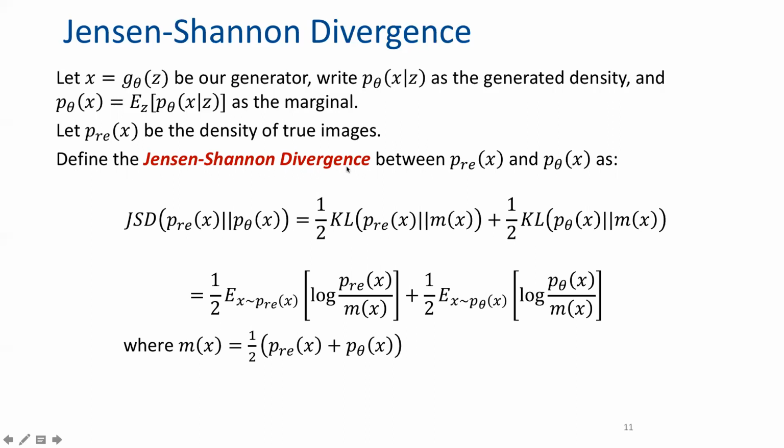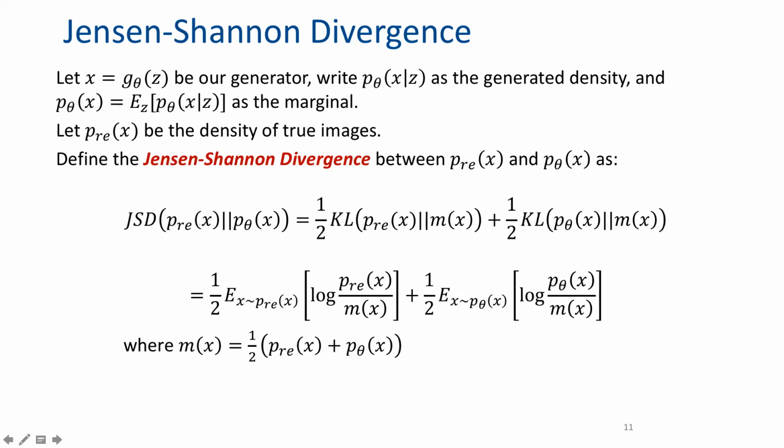There's another kind of divergence that's actually built on KL divergence, which is called Jensen-Shannon divergence. It can be defined between anything, but in the case of the synthetic images and real images, it looks like this. So right, it's Jensen-Shannon divergence, excuse me, between the real image distribution and the synthetic image distribution, and it's got two terms.